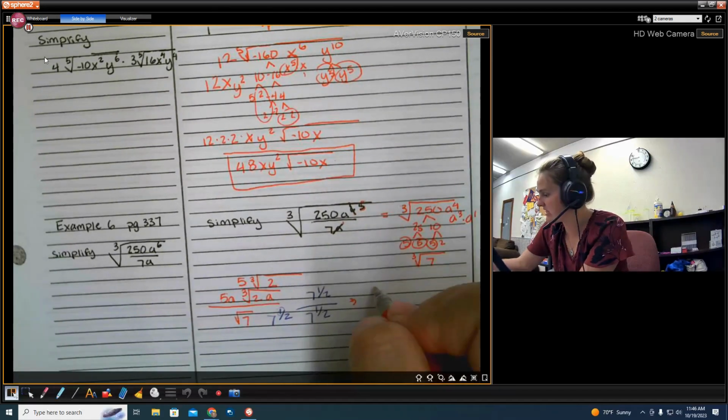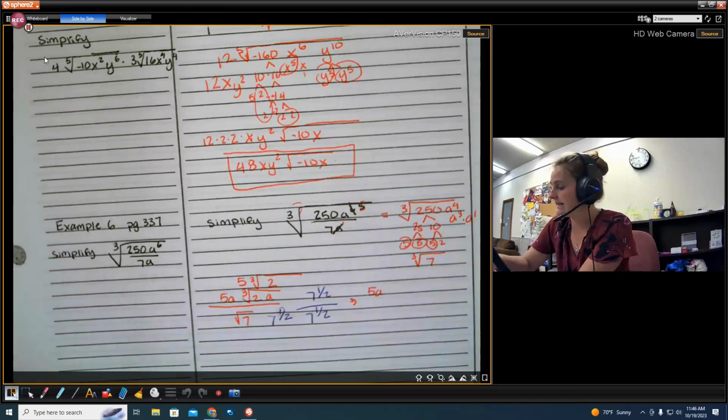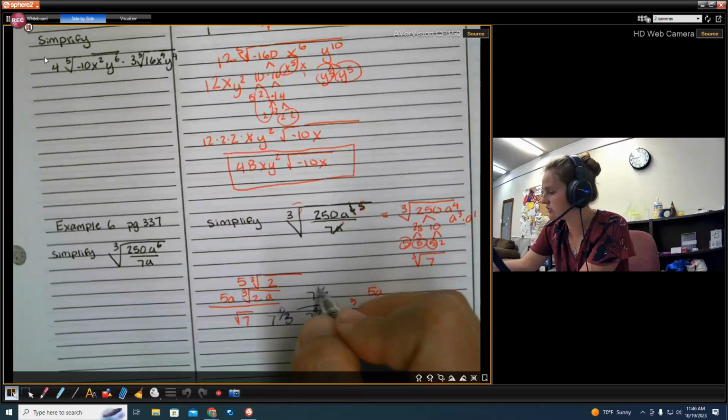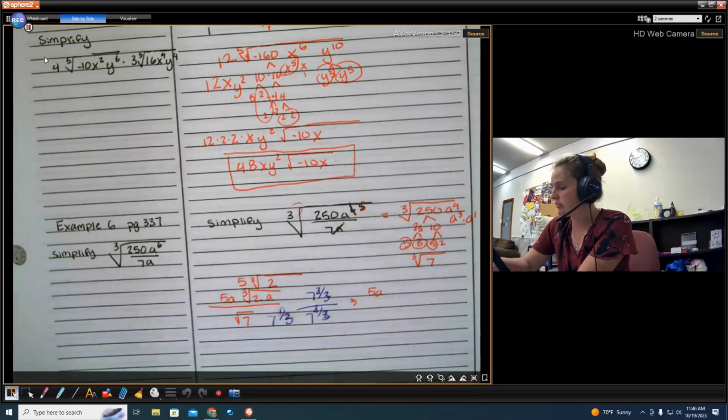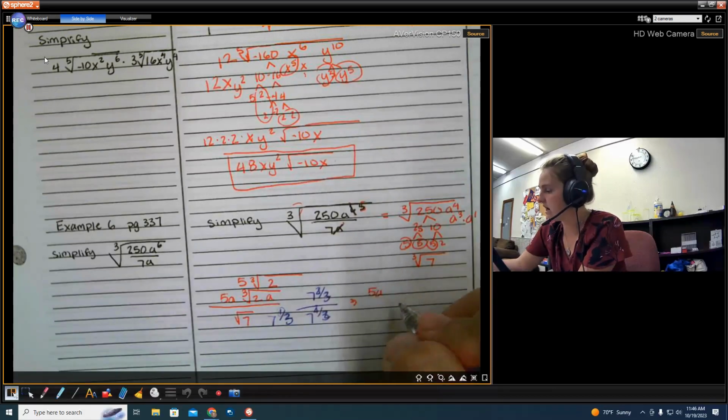So I'm going to rewrite my thing over here. 5a times, oh, and this is a cube root. So this is 1/3, which would make this 2/3, right? I need 2 over 3, which rewritten as a radical would be the cube root of 7 squared. Okay, so now I'm going to rewrite this.